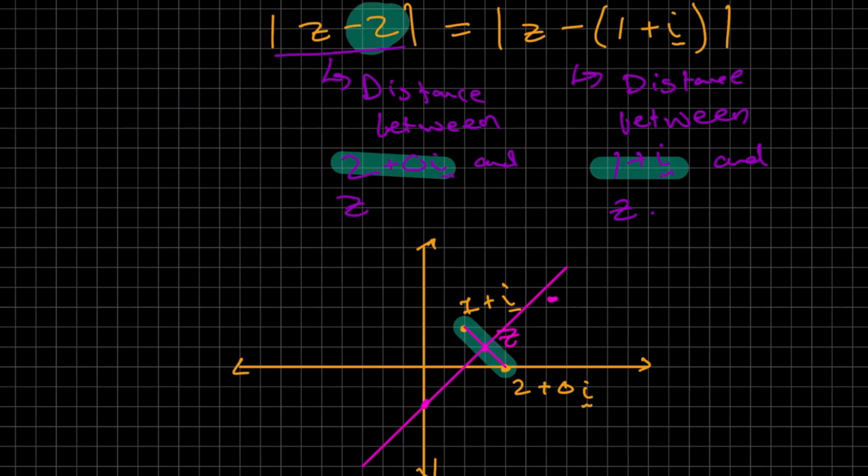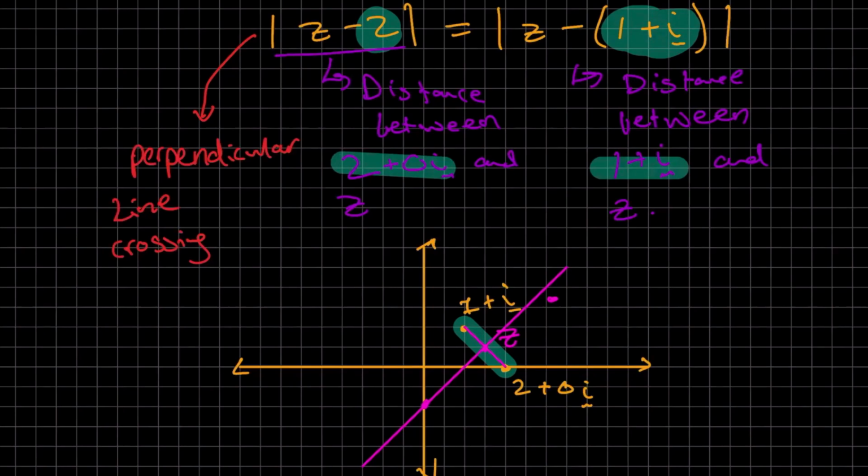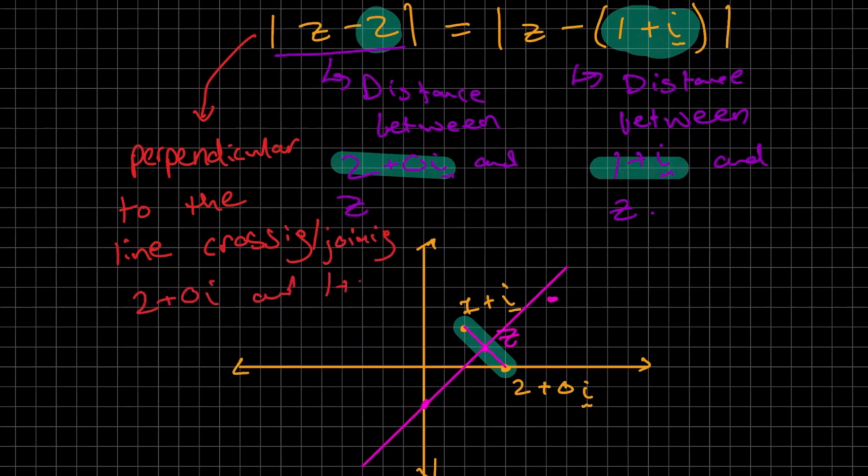So connecting this point and this point. So a subset of the complex plane given in this form would tell us that this equation, or this subset of the complex plane, will be perpendicular to the line joining 2 plus 0i and 1 plus i.